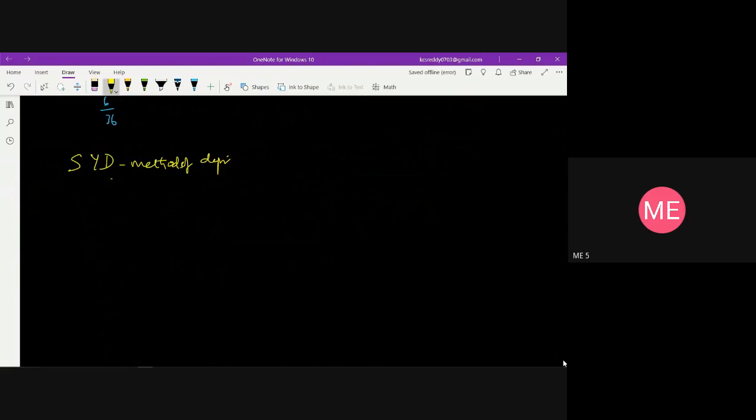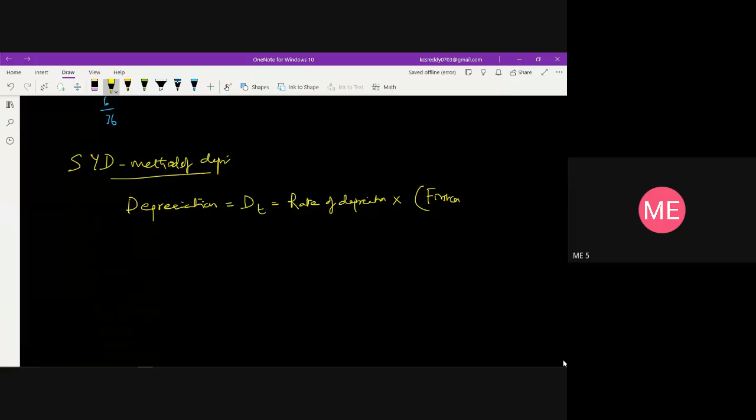In this, the depreciation is calculated. That is Dt. Dt will be taken as the rate of depreciation into the first cost, that is P, minus the salvage value.